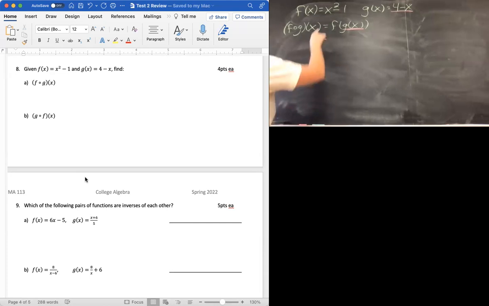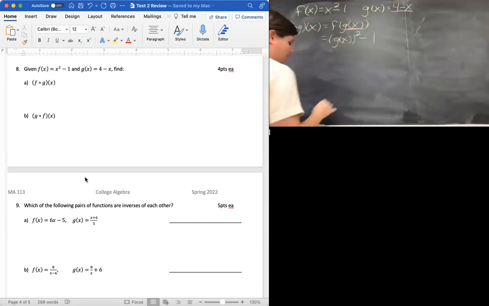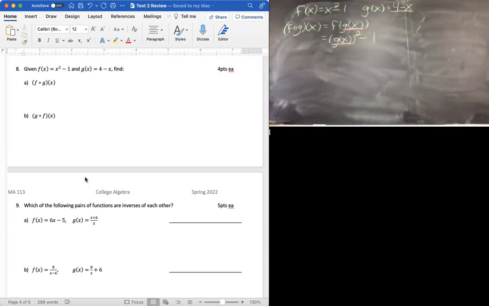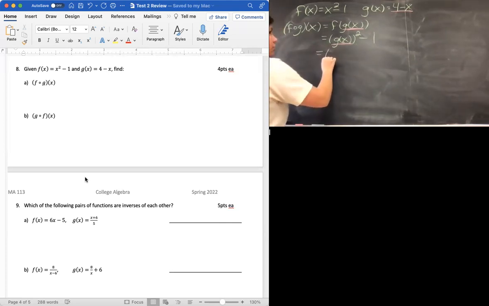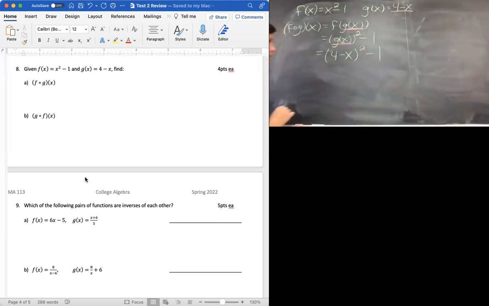So I'm going to write my function f of x, but every time I hit an x, I'm going to write g of x. So I have g of x squared minus 1. Instead of writing x squared, I wrote g of x squared. Well, g of x is 4 minus x, so that's 4 minus x squared minus 1.